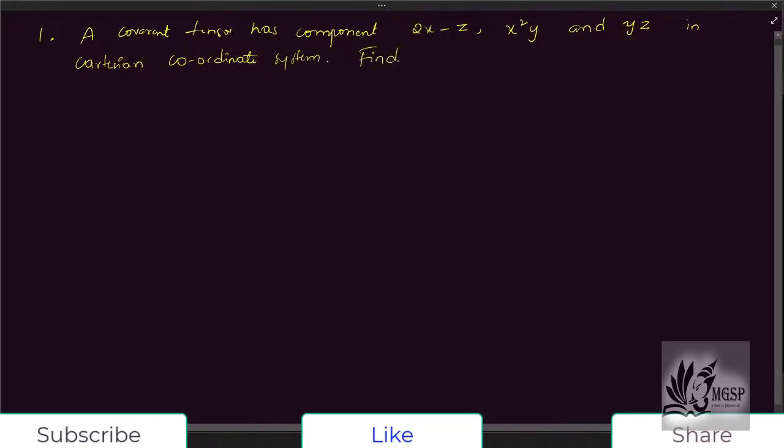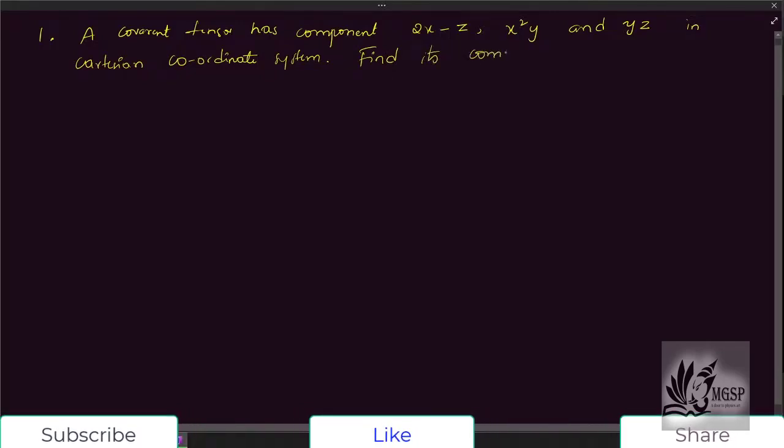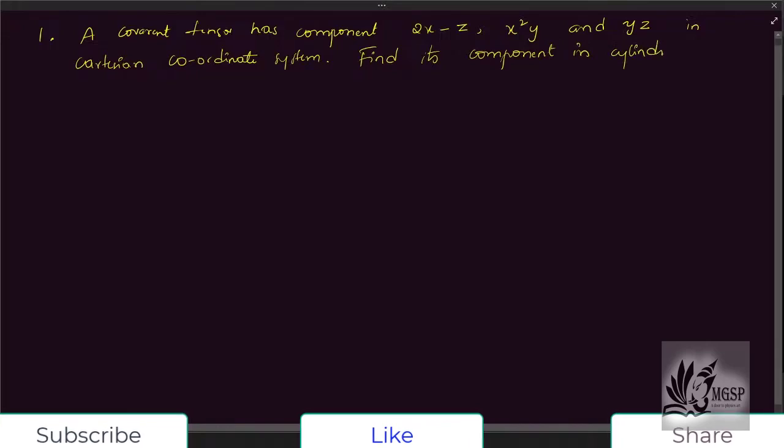Find its component in cylindrical system. Let's write the components that they have given.